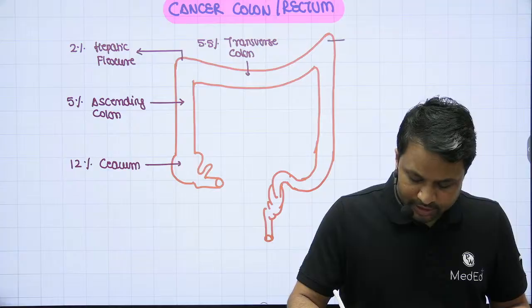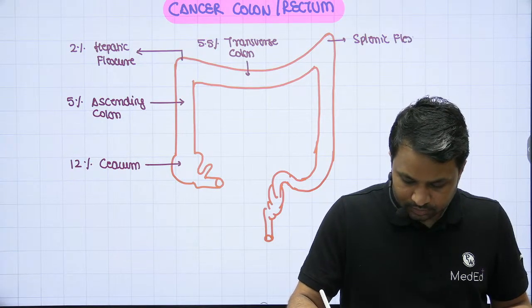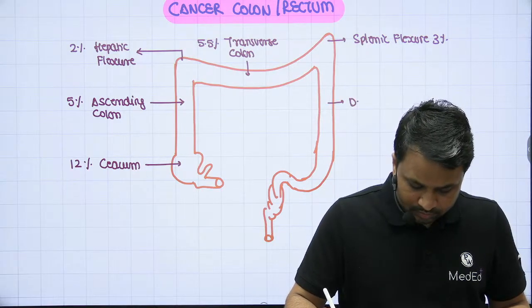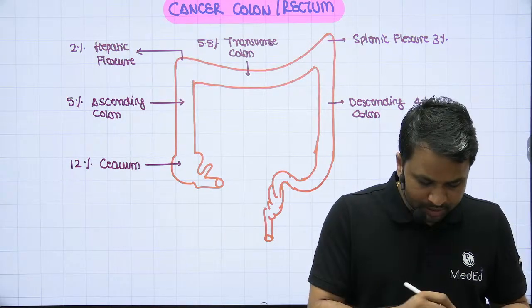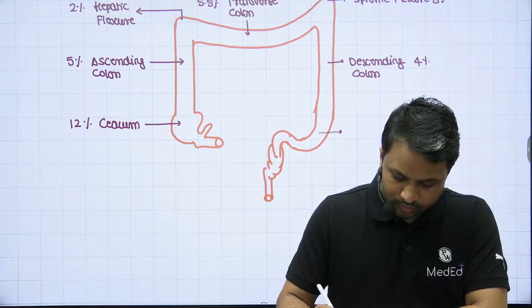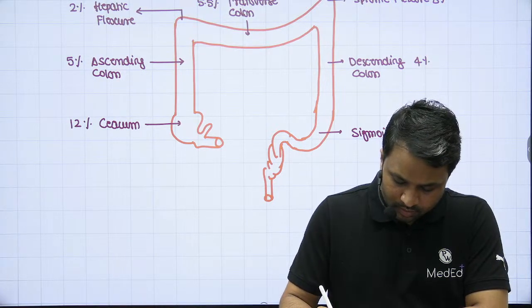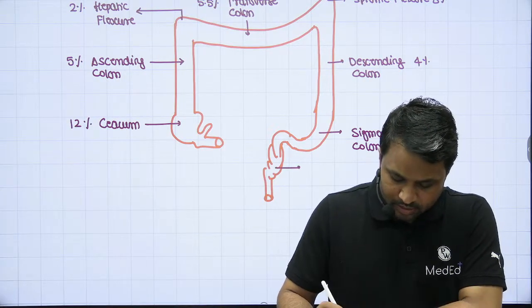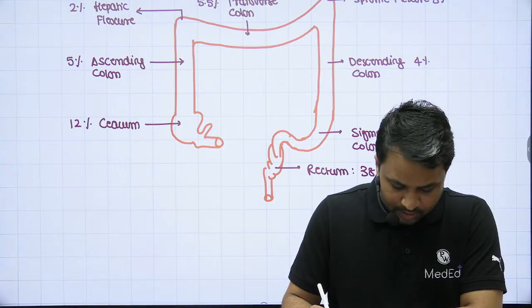Splenic flexure is 3%. Descending colon is going to be 4%. Sigmoid colon will be 21%. Rectum is going to be 38%.